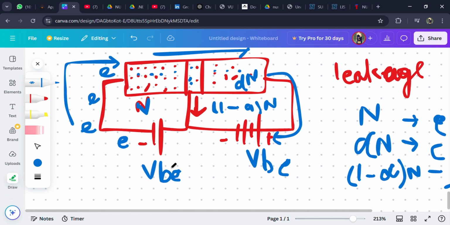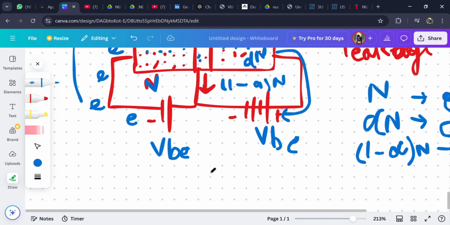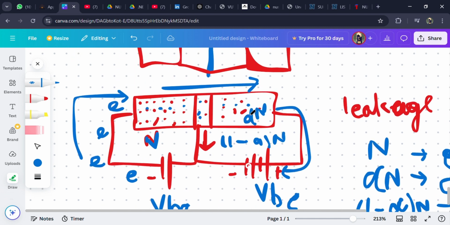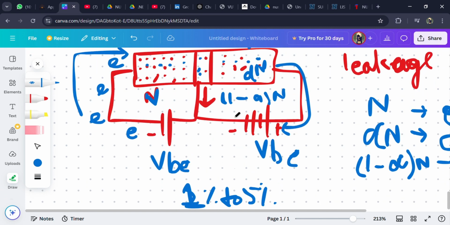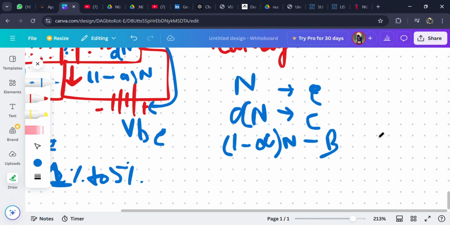Now, there is a specific percentage of the alpha, by the way. We only get a 2 to 5% drop, and 95 to 98% of the electrons reach this side. So we could say that only 2% to 5% is considered as the alpha.